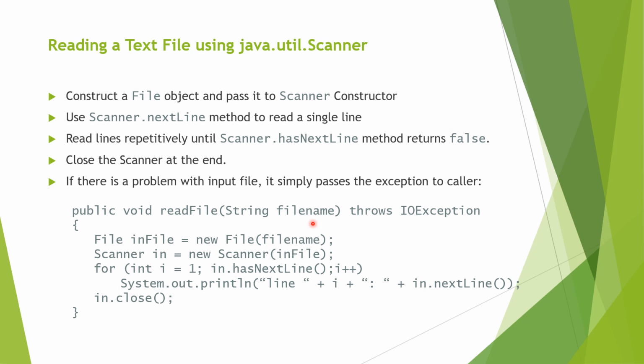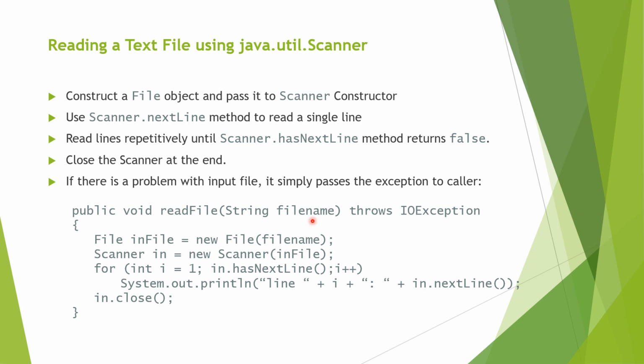You can process the file content in any way you want, but this method only prints out each line of the file. The string file name allows me to uniquely identify the file in the file system of the computer that runs this Java method.